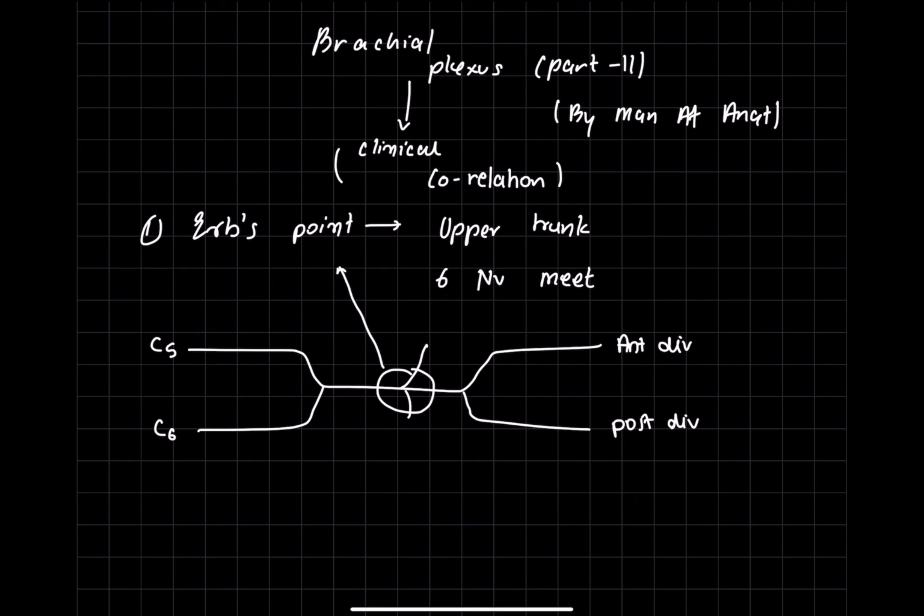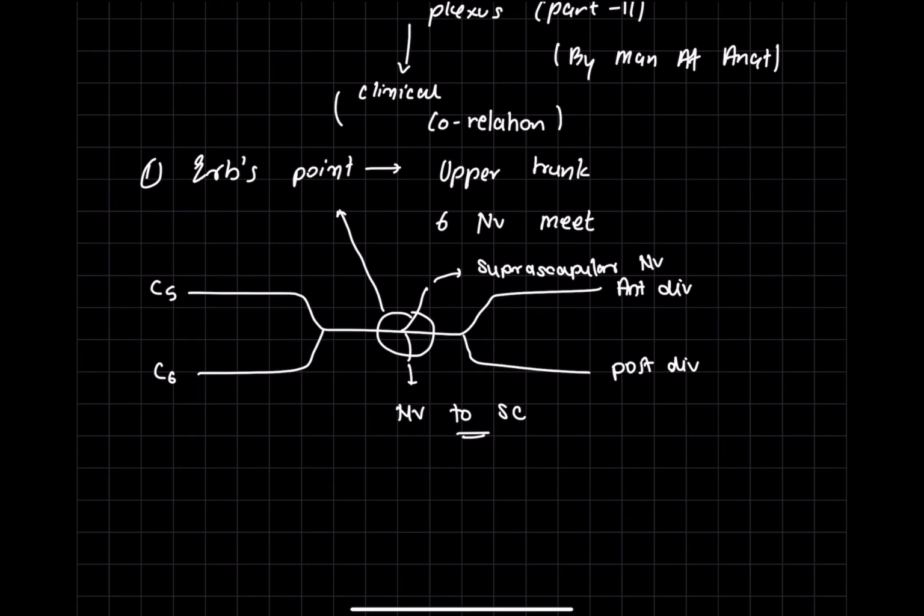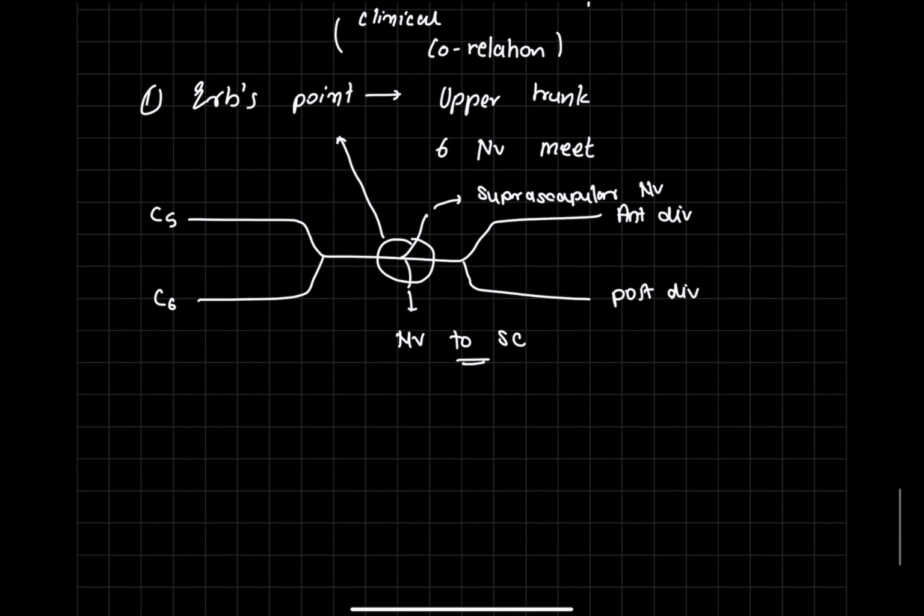This is your suprascapular nerve, and this is your nerve to subclavius. So this is your UBS point. For right now, just remember this. An injury at the UBS point causes UBS palsy or UBS paralysis, which we are going to study further.